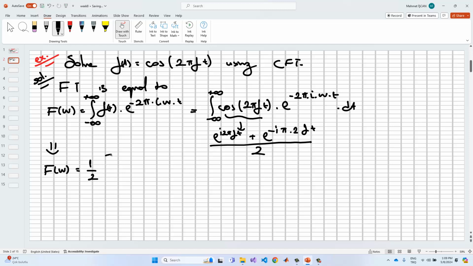We have two parts. One part, the another part can be given in here, and so the integral from minus infinity to infinity of e to the i 2 pi (f minus w) t dt, and plus the integral from minus infinity to infinity of e to the i 2 pi (f plus w) t dt.